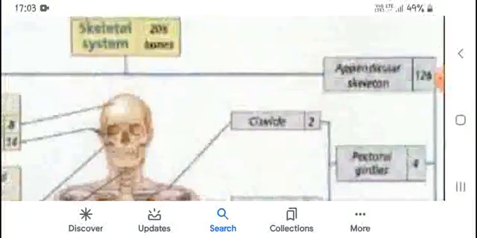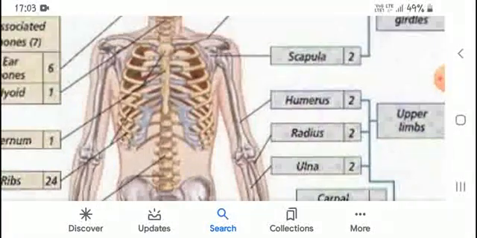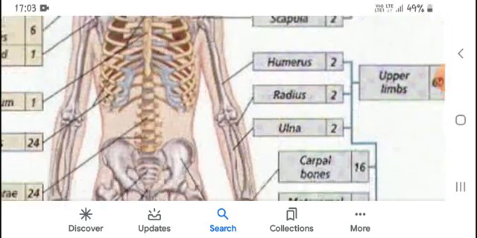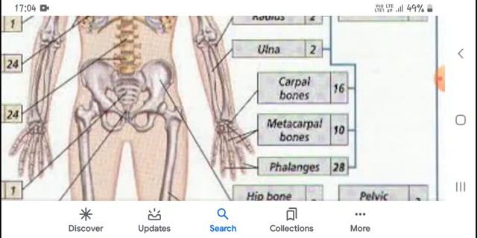And here if we come to the appendicular skeleton, the upper limbs have 60 bones. In that, we have humerus 2 bones, radius 2 bones, ulna 2 bones, and our hand or carpal bones, 16 bones are present, and the metacarpal bones of our fingers, that is 10.